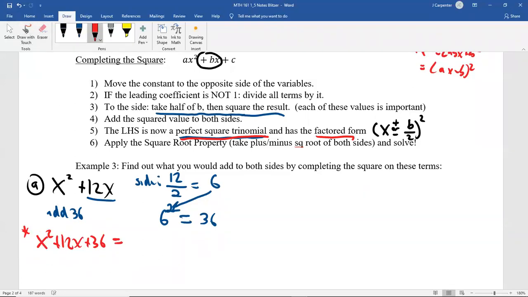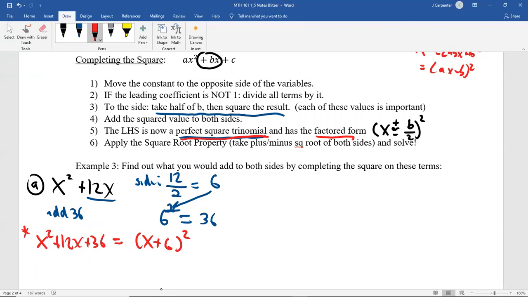It would be, in parentheses, squared. You would have an x here, because this was a plus, this is a plus. And then that's the halved number. The halved number was the 12 divided by 2, and that's 6. It's (x plus 6) squared.